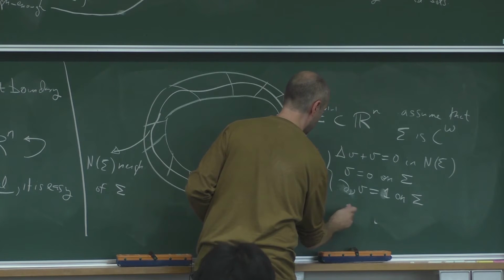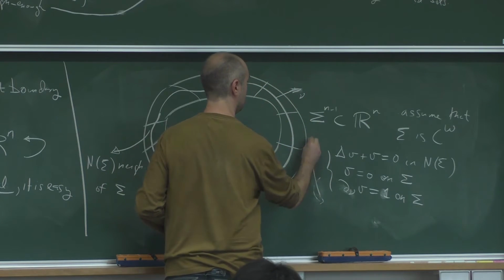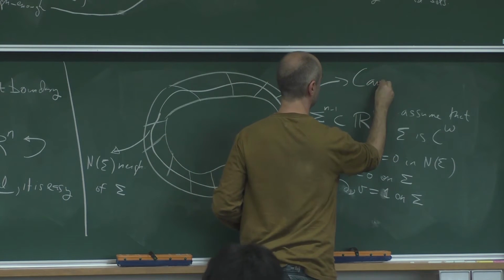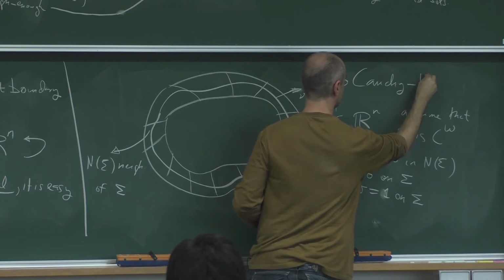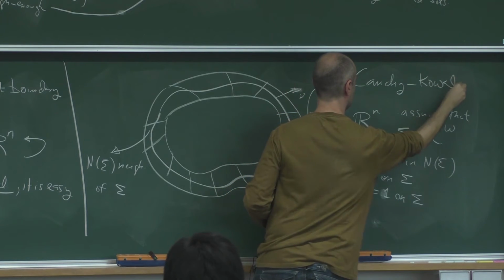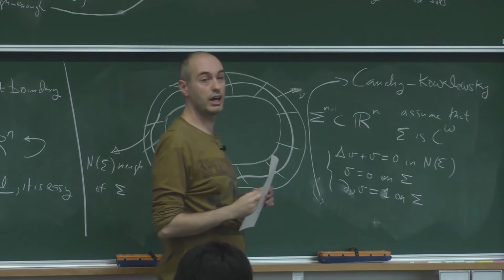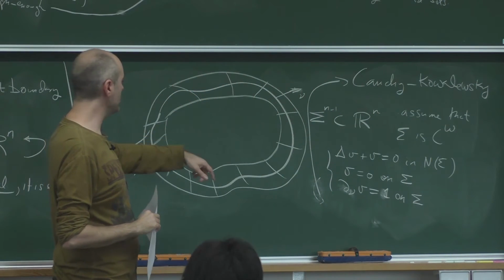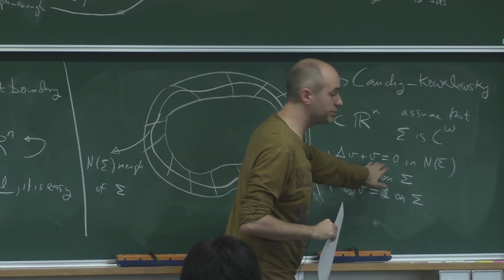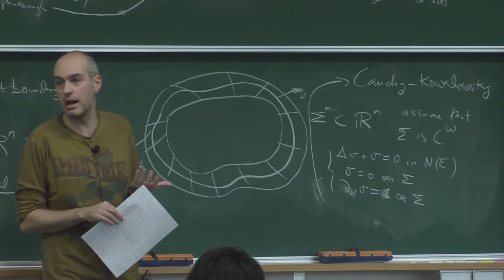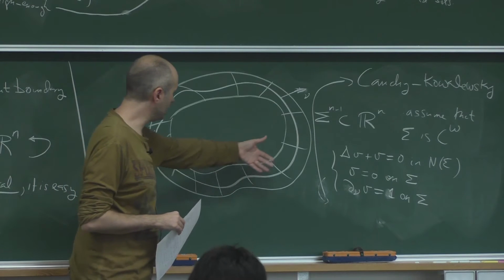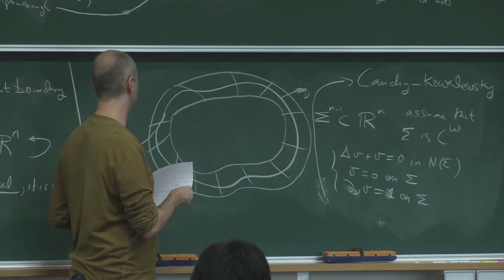Okay, so by Cauchy-Kowalewski, you have a solution to this problem, a function V that solves the Helmholtz equation in some neighborhood of your surface, sigma.